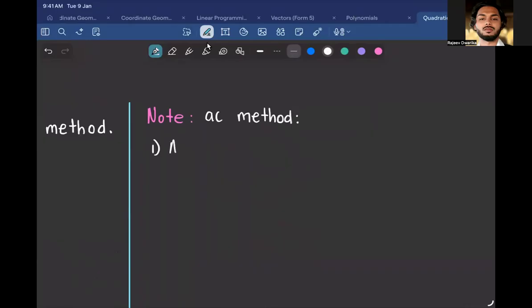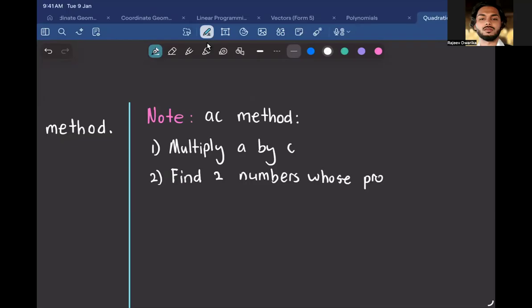Number one, multiply A by C. Find two numbers whose product will be equal to A by C, right? And whose sum would be equal to B.